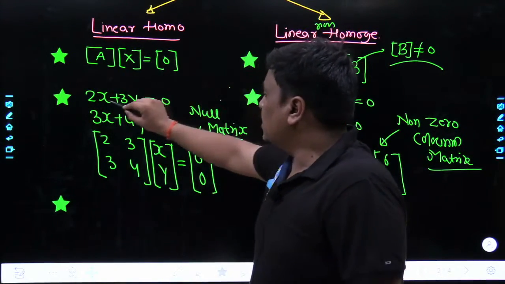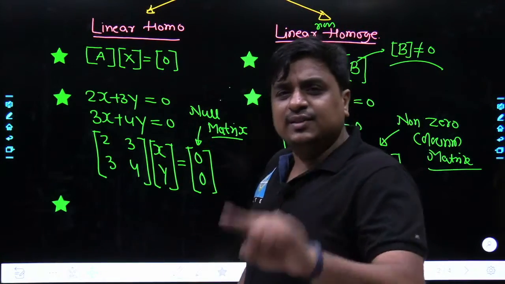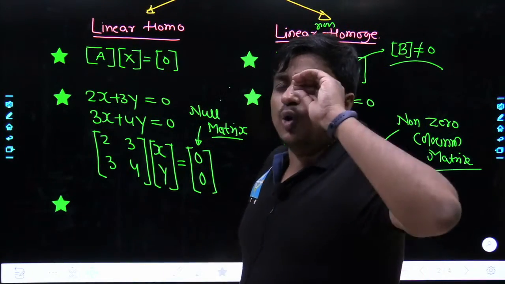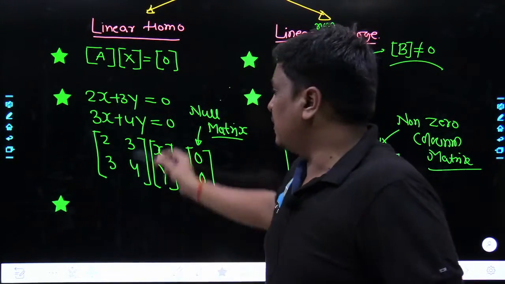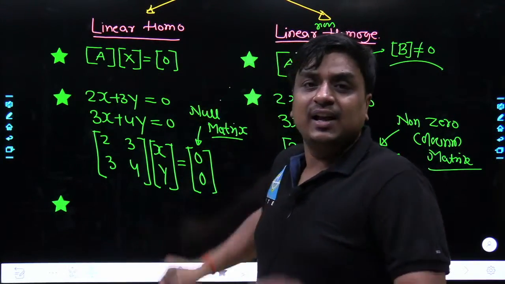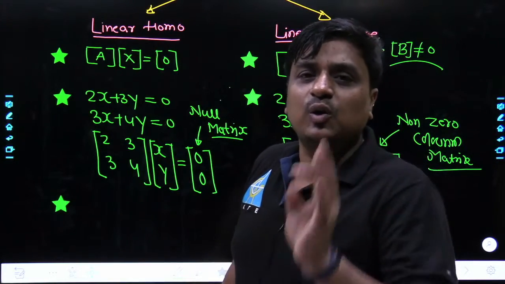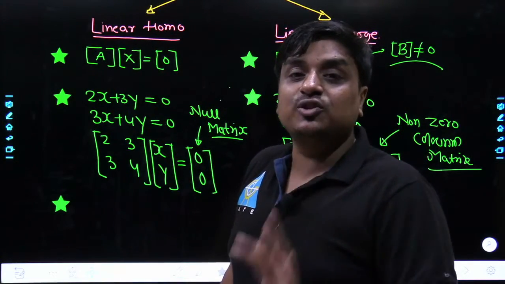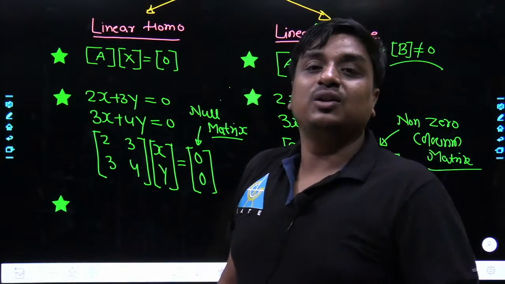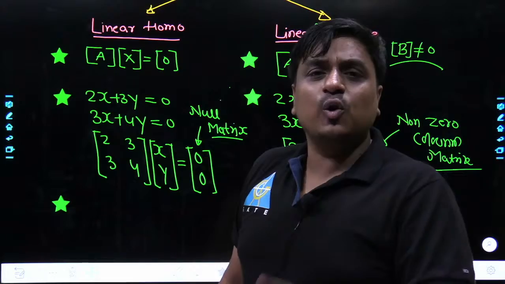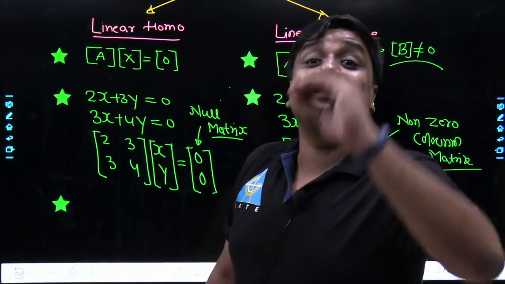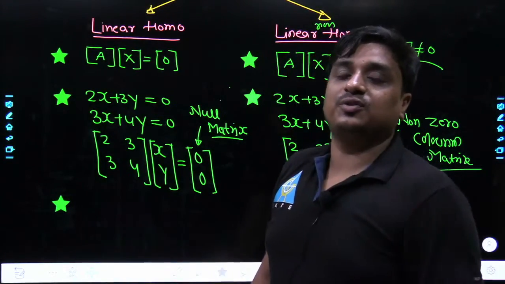Like if the number of unknowns is 2, then x equals 0 and y equals 0 would always be a solution. If the number of variables is 3, like you have x as well as y as well as z, in that case x equals 0, y equals 0 and z equals 0 would always be a solution. But the next thing, whether 0, 0 or 0, 0, 0 is the only solution, that we have to see now.